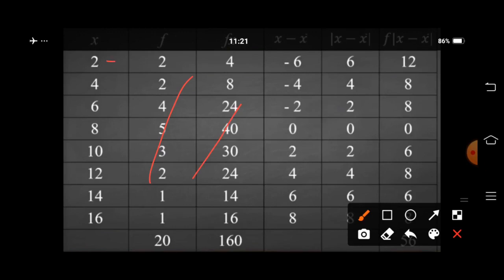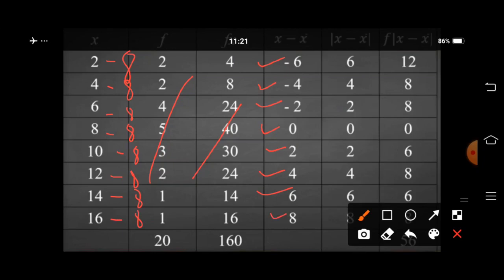So 2 minus 8 equal to minus 6. 4 minus 8 equal to minus 4. 6 minus 8 equal to minus 2. 8 minus 8 equal to 0. 10 minus 8, 2. 12 minus 8, 4. 14 minus 8, 6. 16 minus 8, 8.